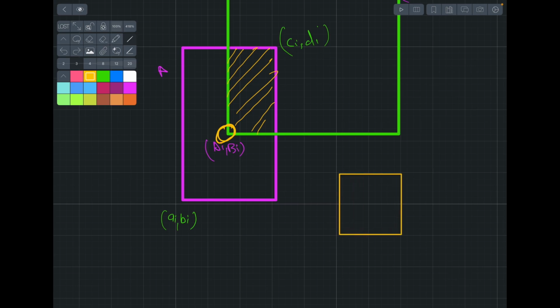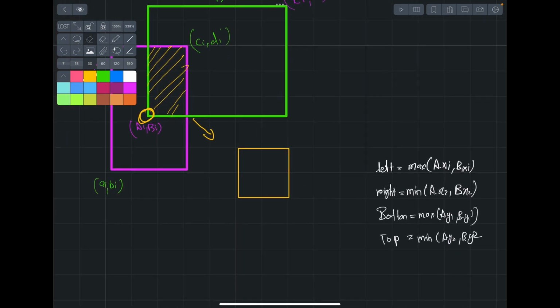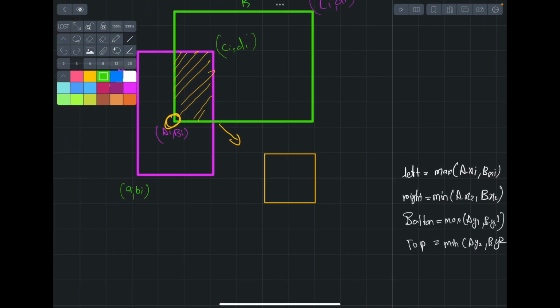Suppose this is the rectangle which will be forming our left corner. This will be our left.